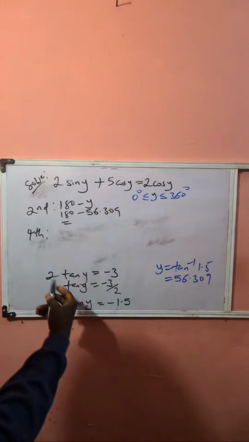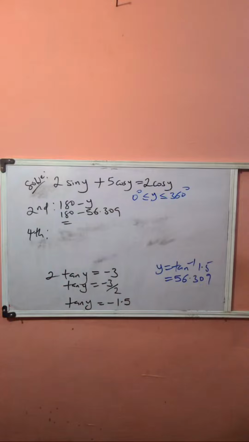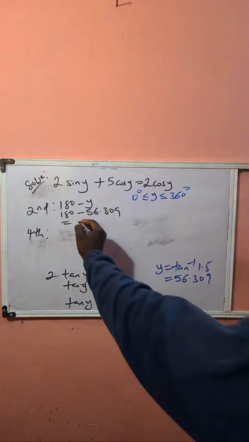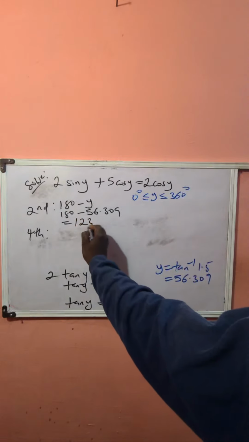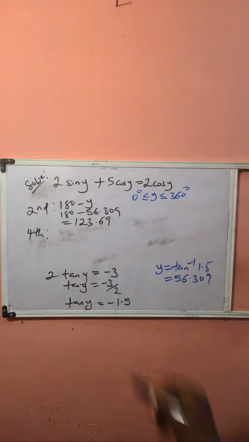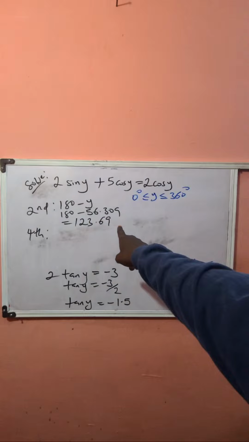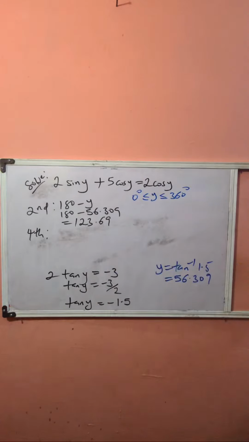And that will be equal to 180 minus 56.309, which will give you a value of 123.69. Now, this is one of our answers.